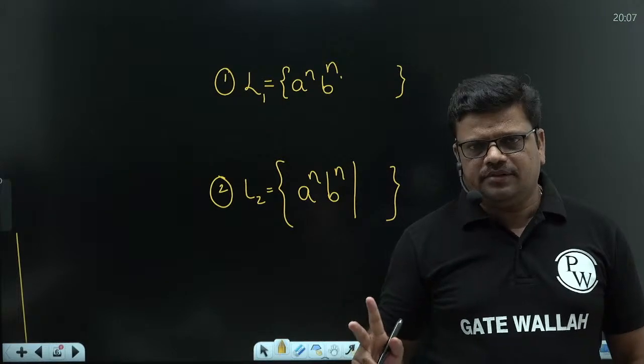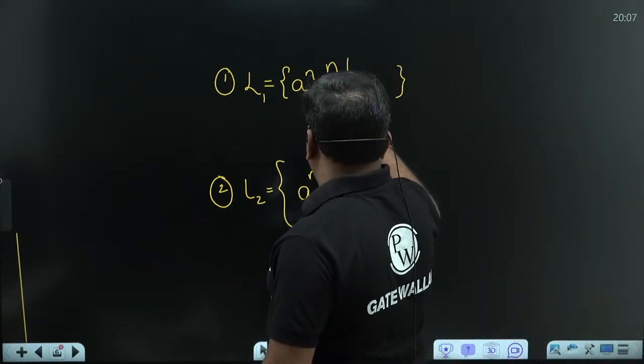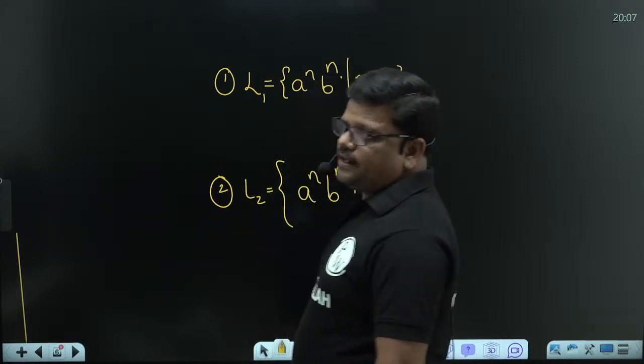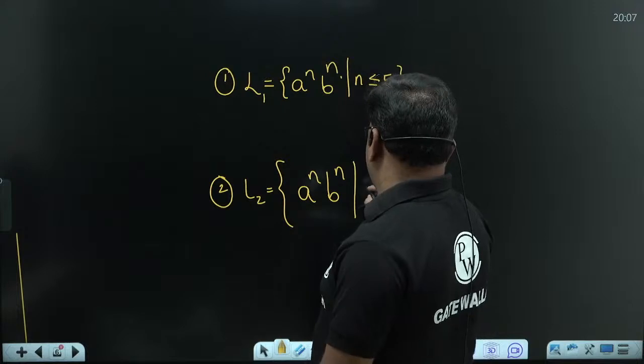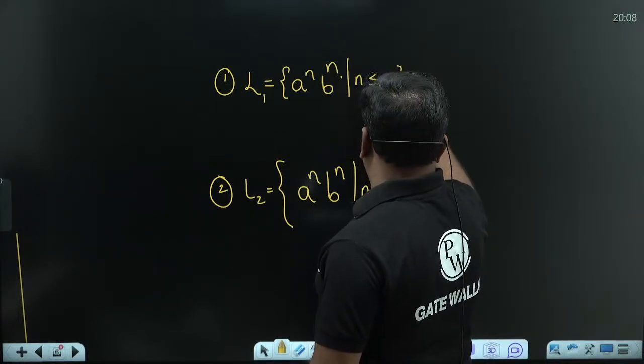When I provide the condition n less than or equal to 5 and n greater than or equal to 1, the moment I say this, it becomes regular.